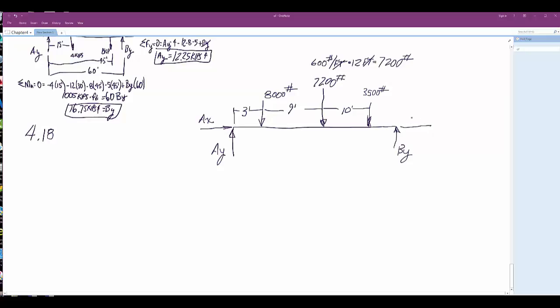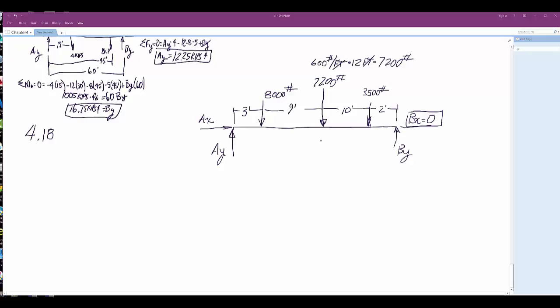And this is on a roller, so BX equals 0. And then, like I said, we had 2 feet right there. So the overall length should be 24, so we've got 12 plus 2 is 14 plus 10 is 24, so we're good there.